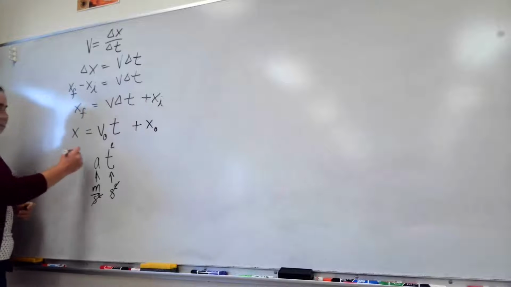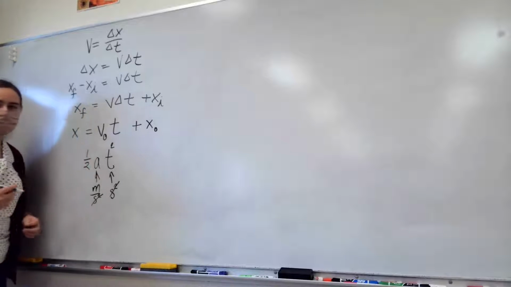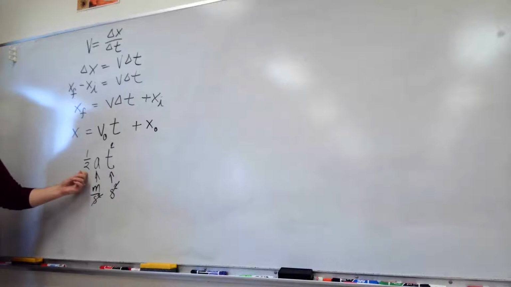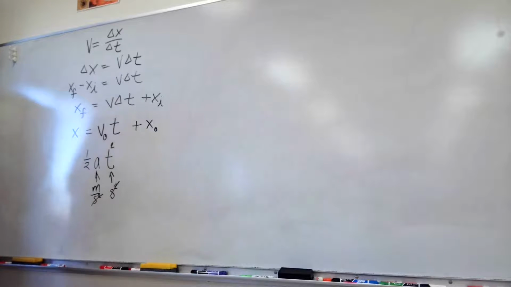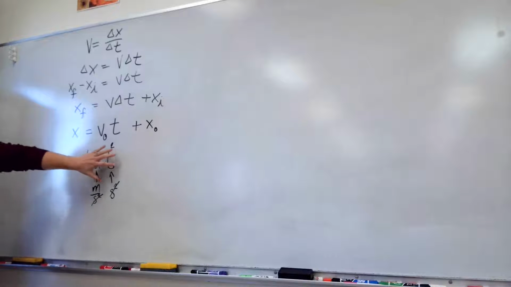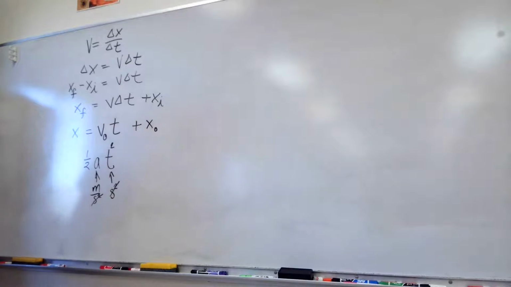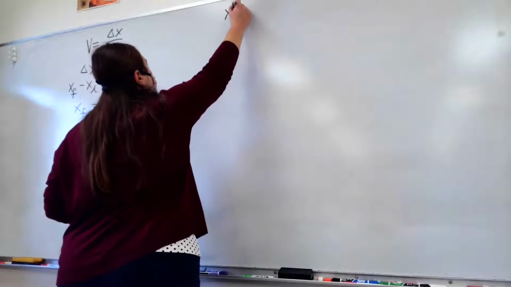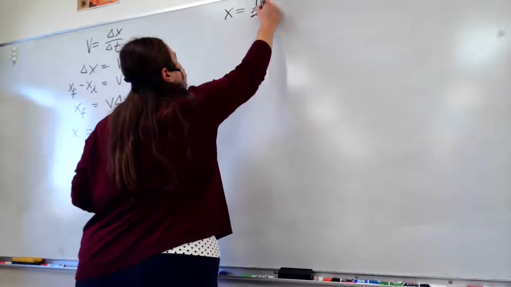This number is 1/2. So this 1/2 we find because we need it to fit real life, and so we find this from experimentation. Cool? So we now have the full term that we can add into this equation to give us our proper numbers for real life. So our final equation is this.